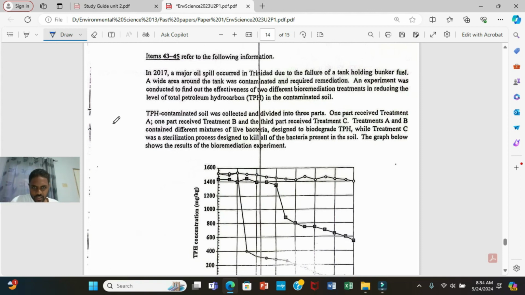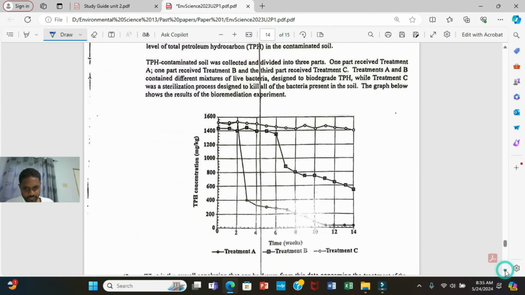TPH contaminated soil was collected and divided into 3 parts. 1 part received treatment A, 1 part received treatment B, and a 3rd part received treatment C. Treatment A and B contained different mixtures of live bacteria designed to biodegrade TPH, while treatment C was a sterilization process designed to kill all of the bacteria present in the soil. The graph below shows the result of the remediation experiment.